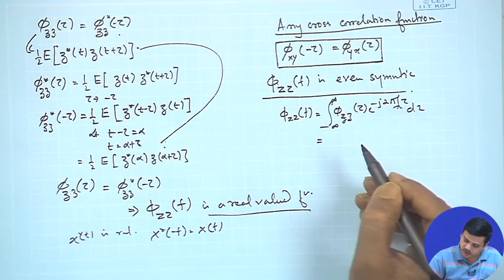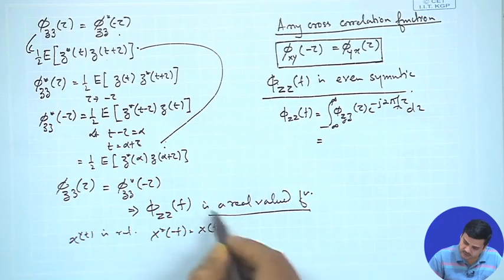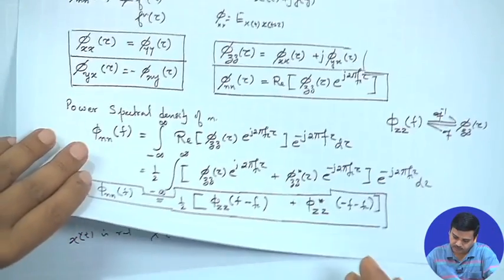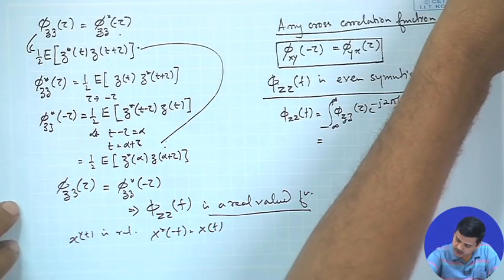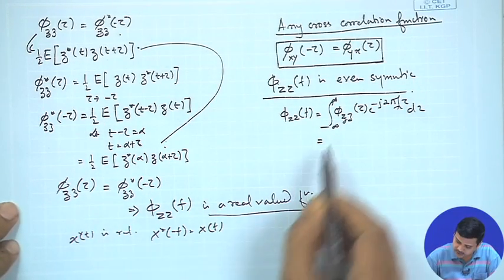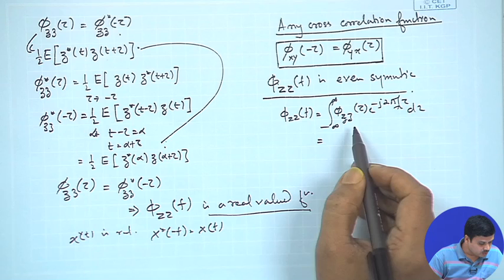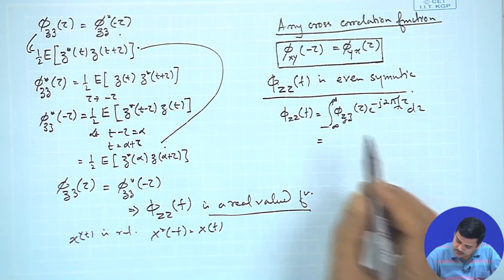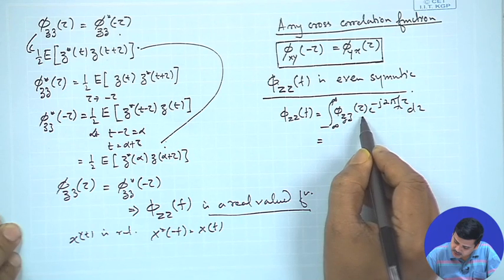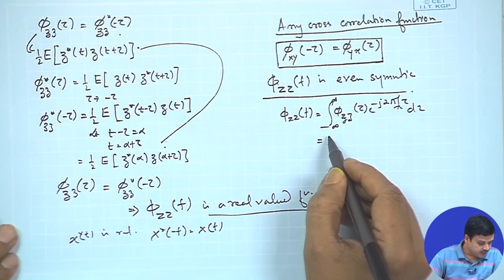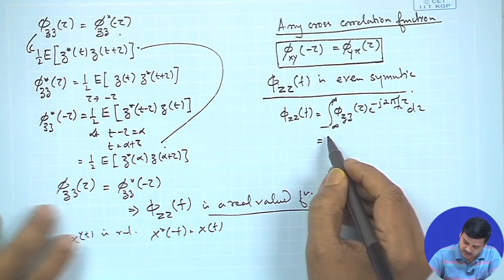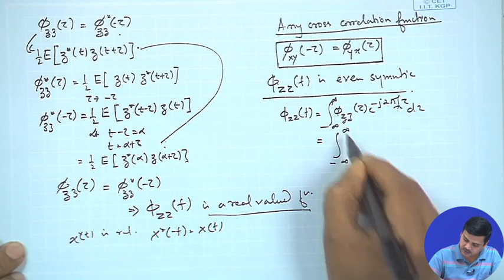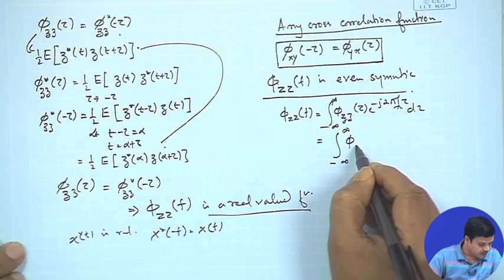So, since phi z z is real valued, we would go here, sorry.